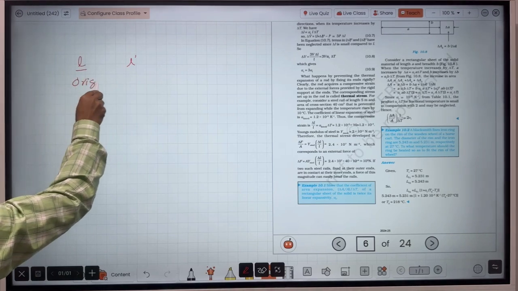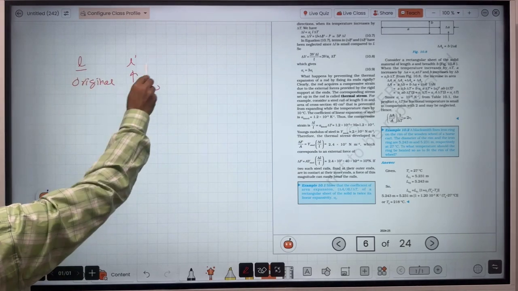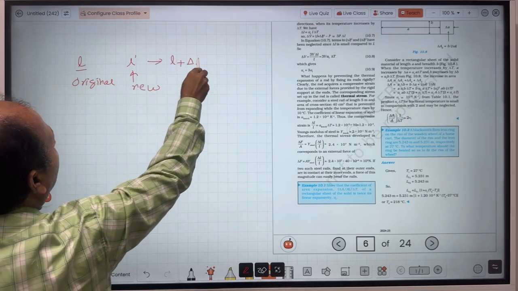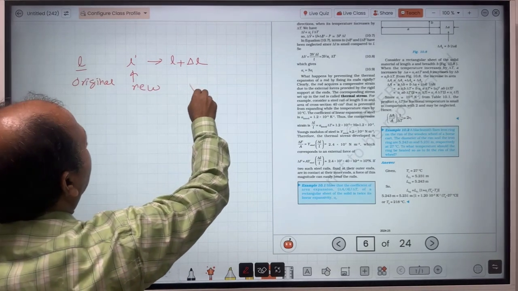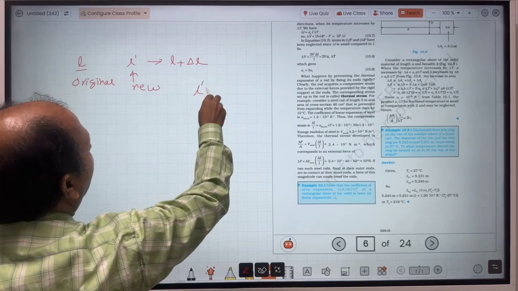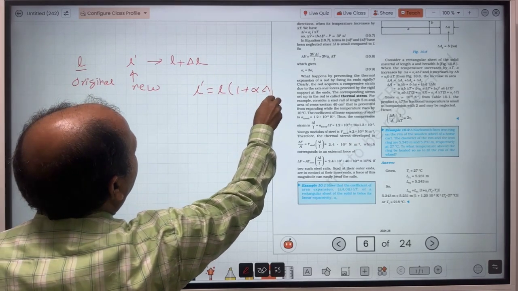So this is original and this is new, and new means it has become L plus delta L, right? And you know how they are related. So delta L can be found by formula. So suppose L dash equal to L into 1 plus alpha delta T.